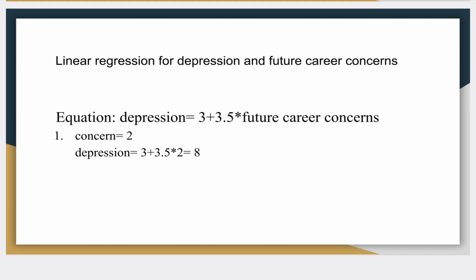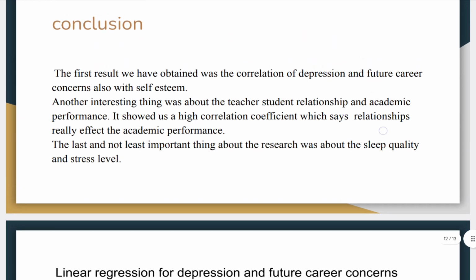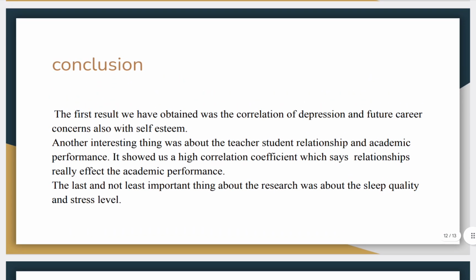We did correlation for 4 sets of data, and we did the linear regression for 2 sets of data. We just wanted to find out which one affects which, how we can predict, and how we can use all of these Python codes for our research.